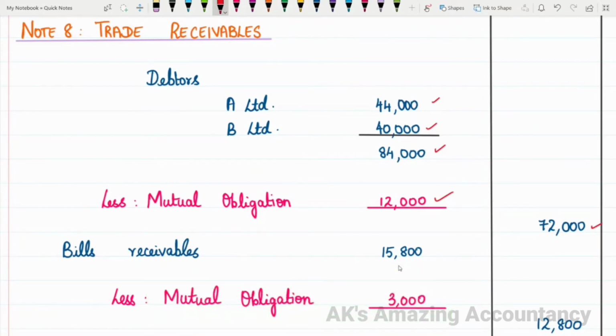So now, while treating the assets, from bills receivable 15,800 you will be deducting 3,000. So 15,800 minus 3,000 will give you 12,800. Let us proceed further. So 72,000. Already we have 1,50,000, is it not earlier? Just one second.